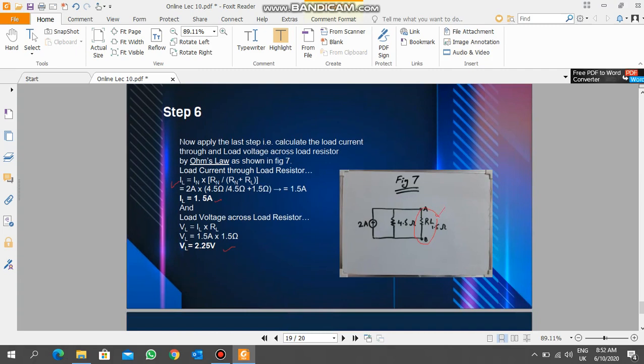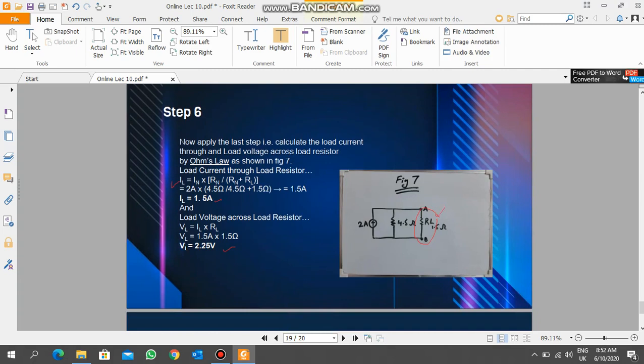And what is here? That is Rn, that we found from calculating the open circuit resistance. So both values we put here, and now we can see that, as per the definition of the Norton theorem, a current source should be in parallel with the resistance.